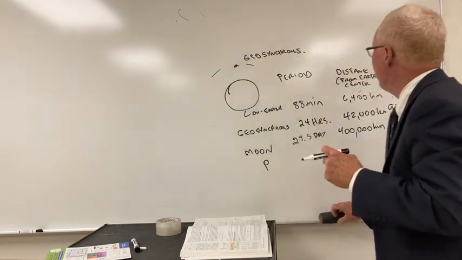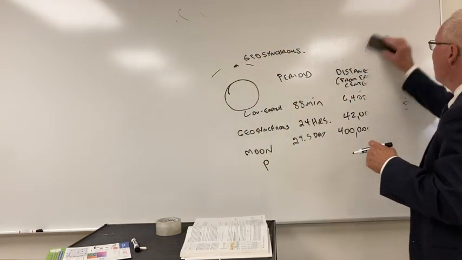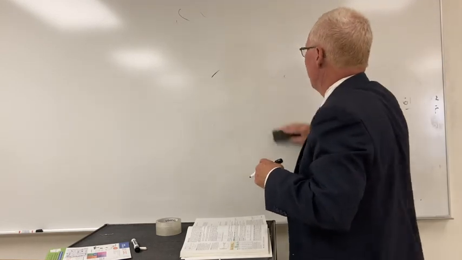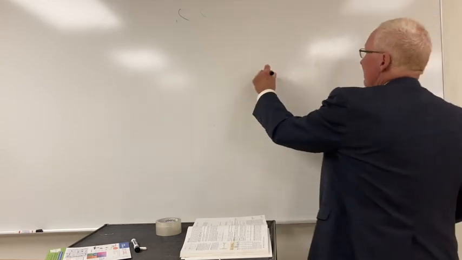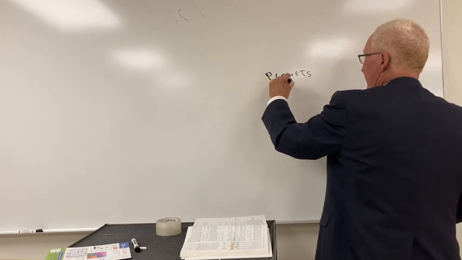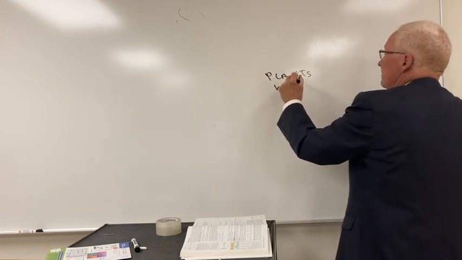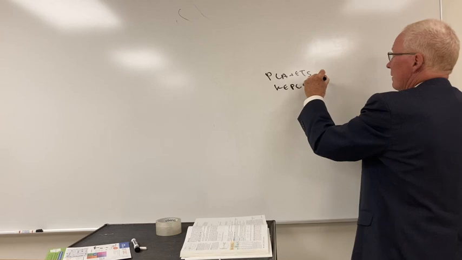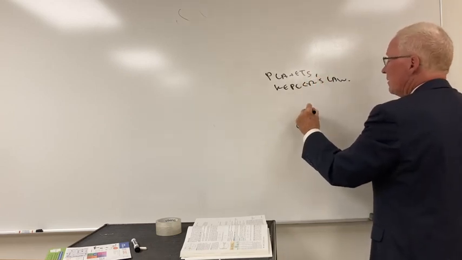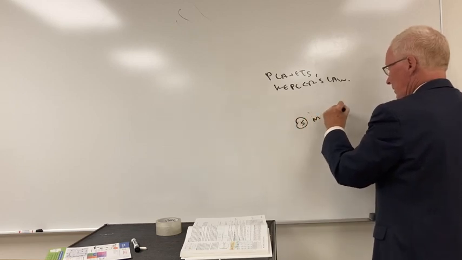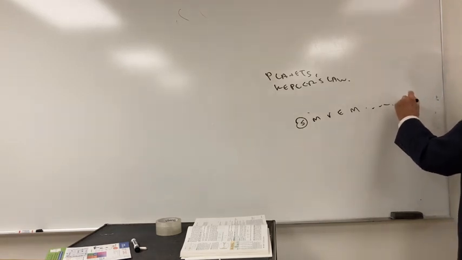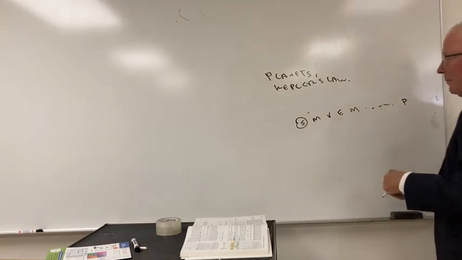To talk about the planets, this has to do with Kepler's laws by Johannes Kepler around 1630. You have the sun at the center, Mercury, Venus, Earth, Mars, and so on, all the way out to, say, Pluto, which people don't want to call a planet, but what the heck.